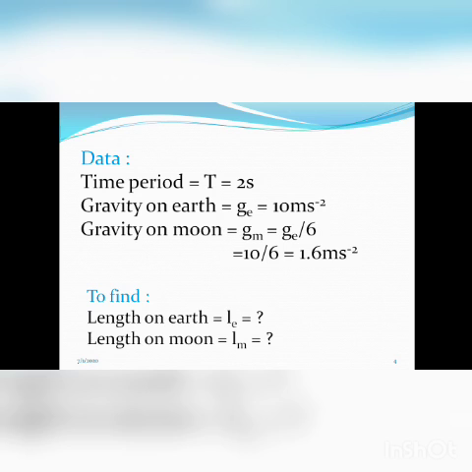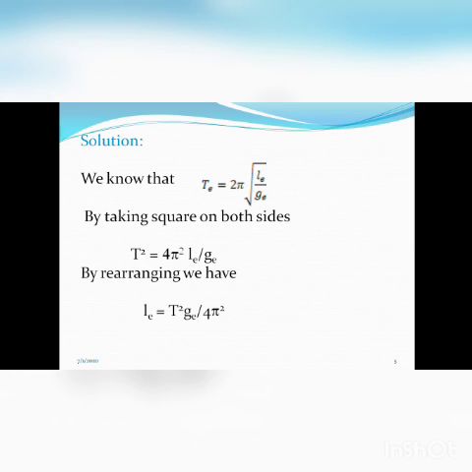Okay, solution. We know that the time period of a simple pendulum is T is equal to 2 pi under root L over G. Here in subscript we will mention TE, which will represent the time period on Earth. So by taking square on both sides we have T square is equal to 4 pi square LE over GE.